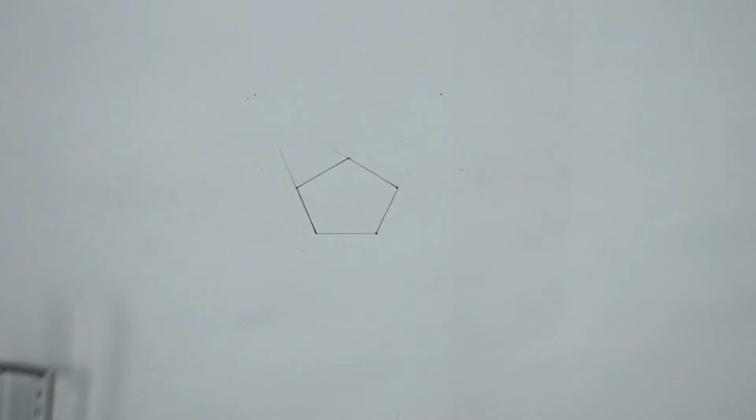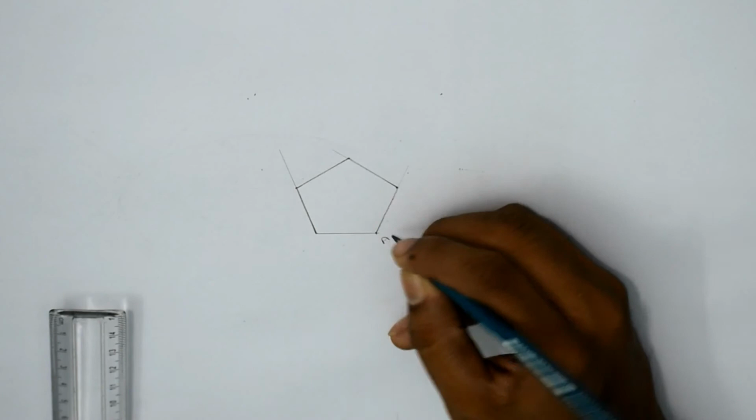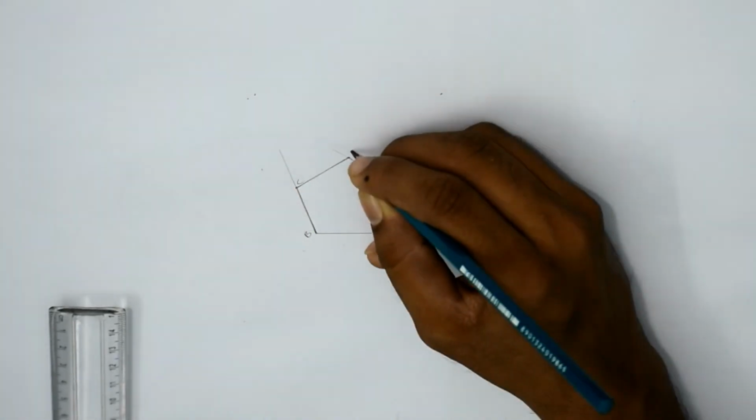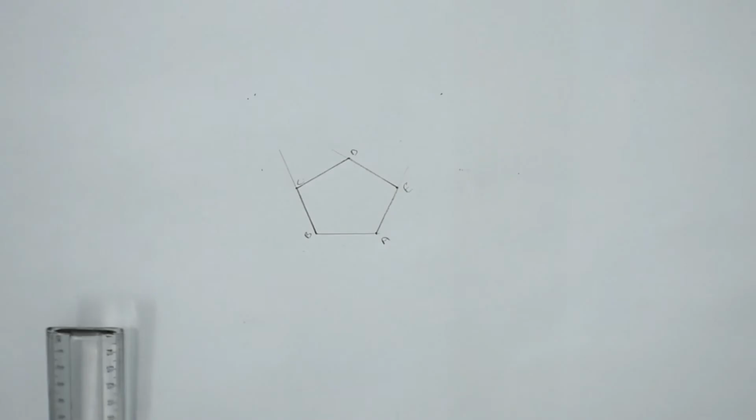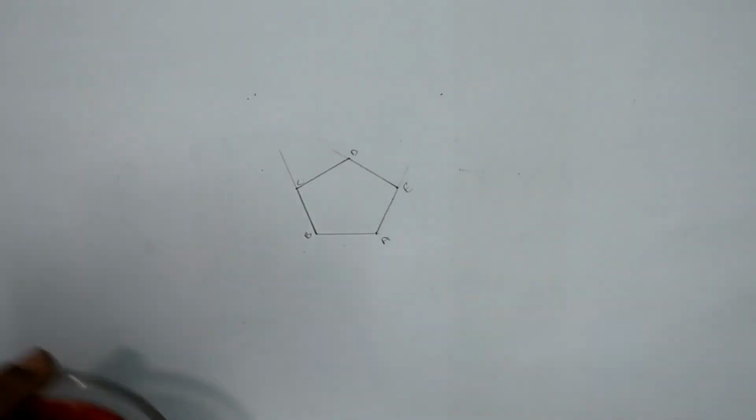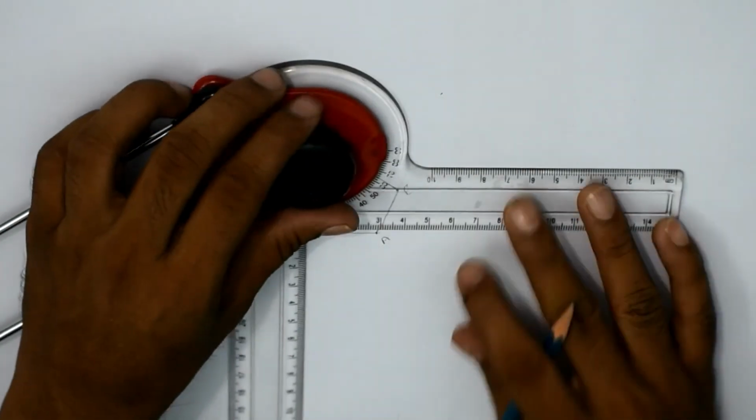So this completes our pentagon. Now A, B, C, D, E, and I will draw tangents, sorry, perpendiculars with A to B.